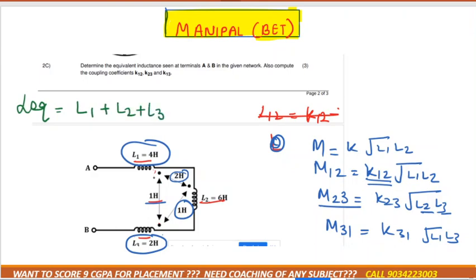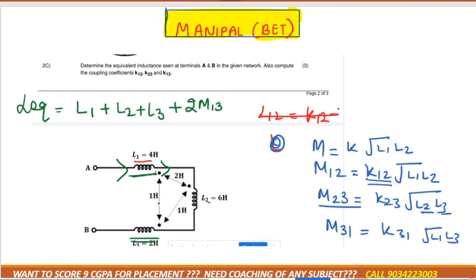Now as you can see, it is in the aiding connection. If I look at L1 and L2, current is leaving, and in L2 and L3 also the current is leaving. So that would be plus 2 of M1, right?